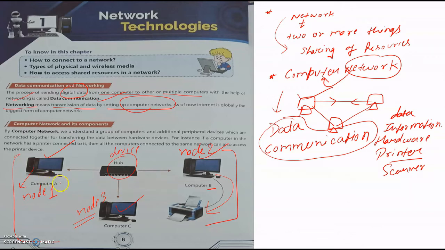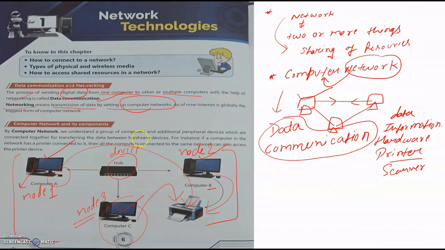Sharing of resources. That is the meaning of computer network. Computer A also can share the printer, and computer C also can share the printer, because they all are connected in a network. Clear? So that is the definition of computer network.